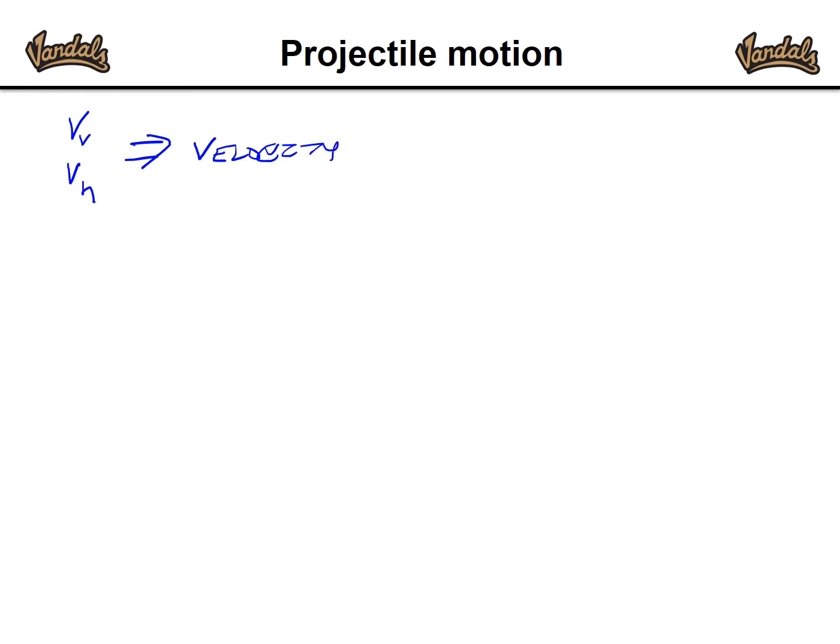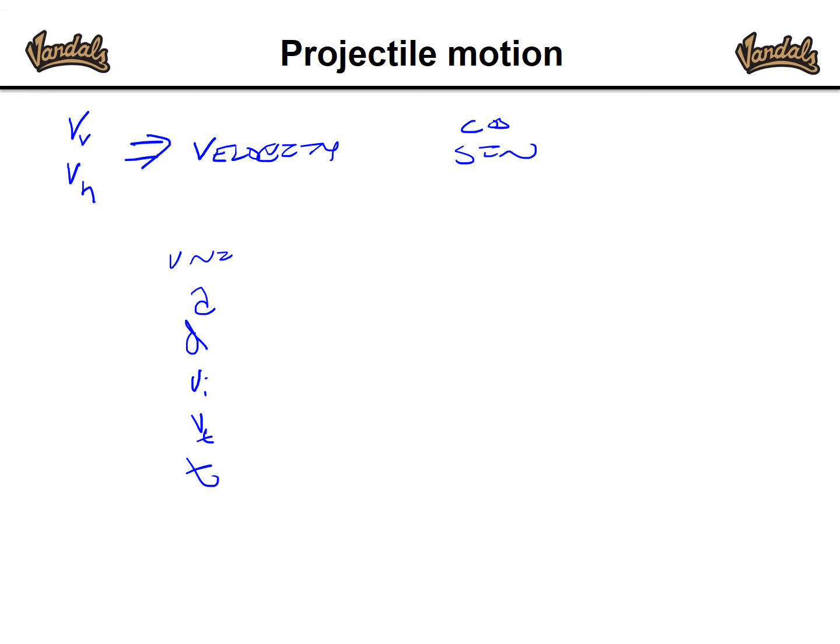How do you decompose that using cosine and sine? Then you look at the equations of uniformly accelerated motion, figure out what you do and don't know, and use the equations to solve for the unknowns.